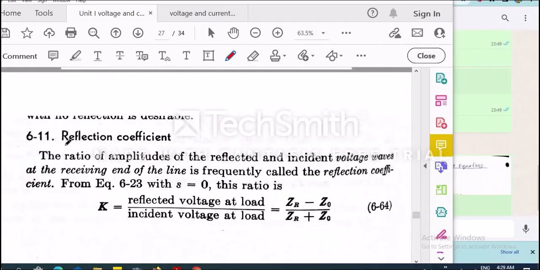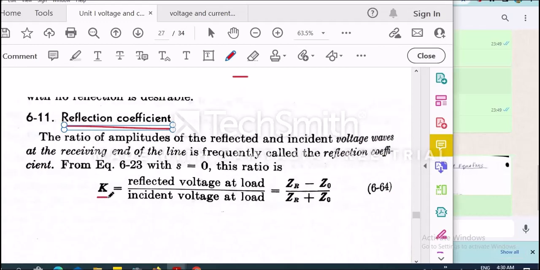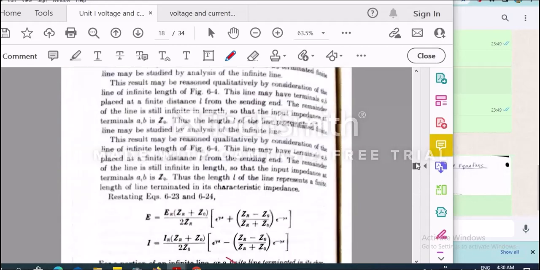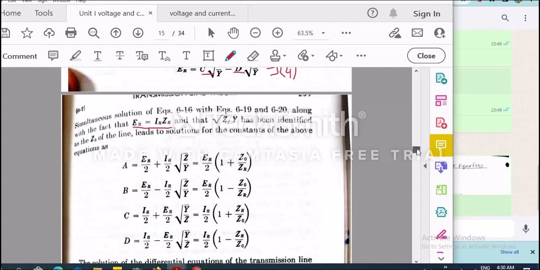We next define reflection coefficient. What do you understand by the reflection coefficient of a transmission line? The reflection coefficient is denoted by K. It tells how much of the power is reflected from the load, because in a transmission line, the equation of voltage and current always involves two terms.